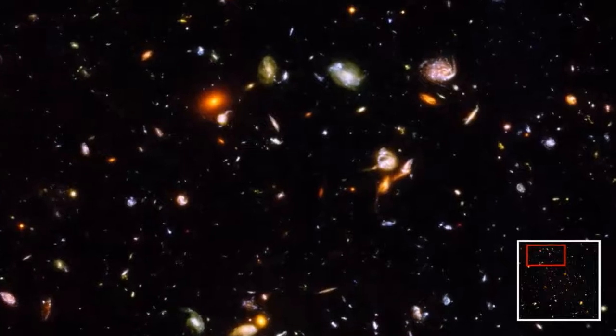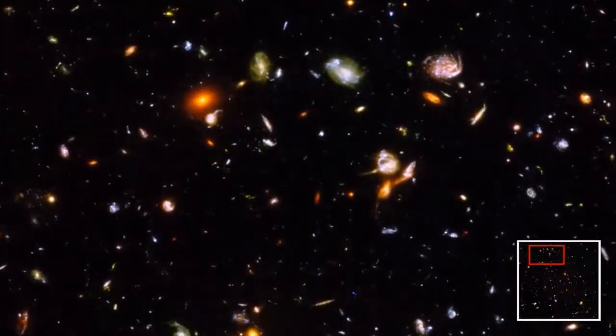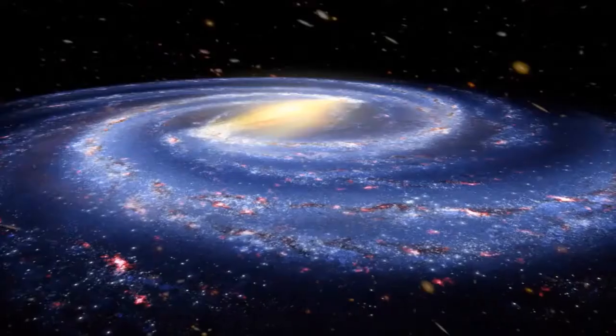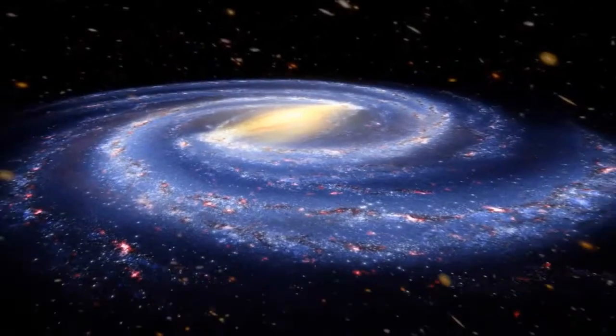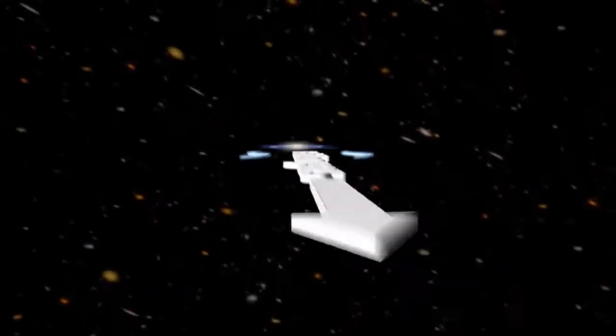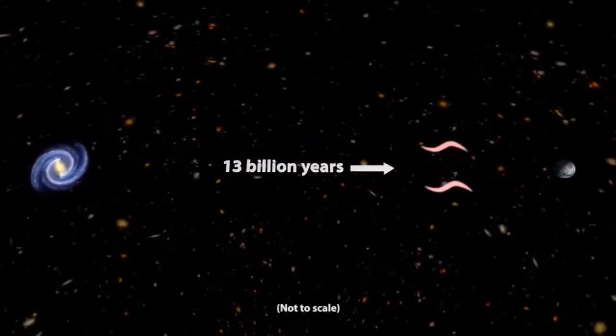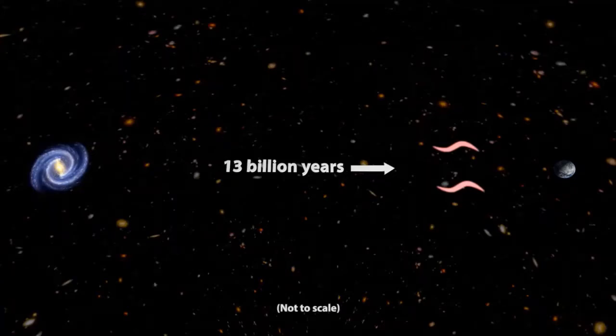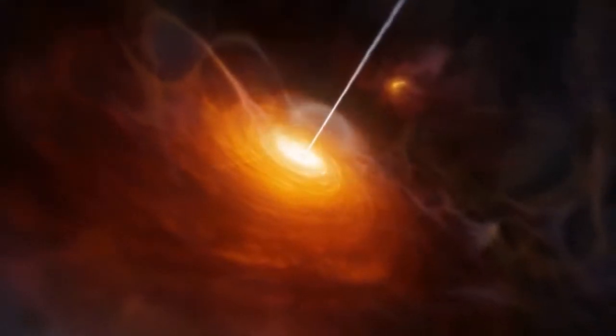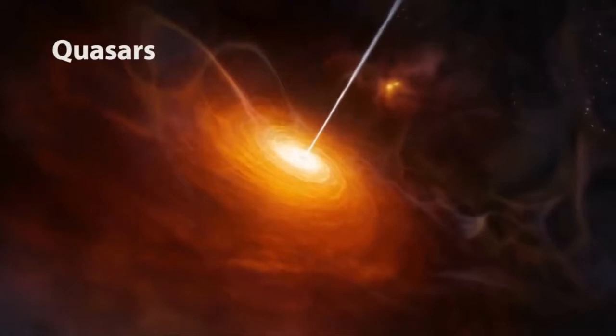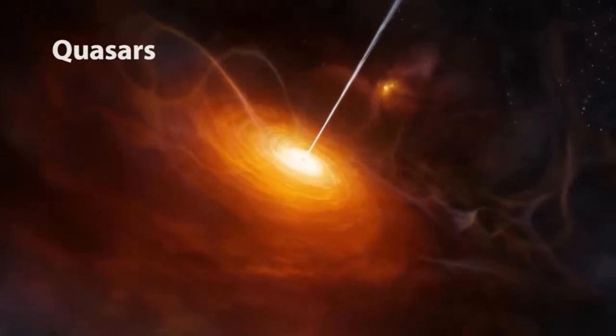The Hubble Deep Field Images allow us to peer deeper into space and time than we have ever seen before. I say deeper into time because some of these objects are so far away, the light coming from them has taken up to 13 billion years to get to us. So we're seeing them as they looked less than 1 billion years after the Big Bang, long before the Earth was even formed. Some of these distant objects are called quasars, which are the most powerful and luminous objects in the universe.